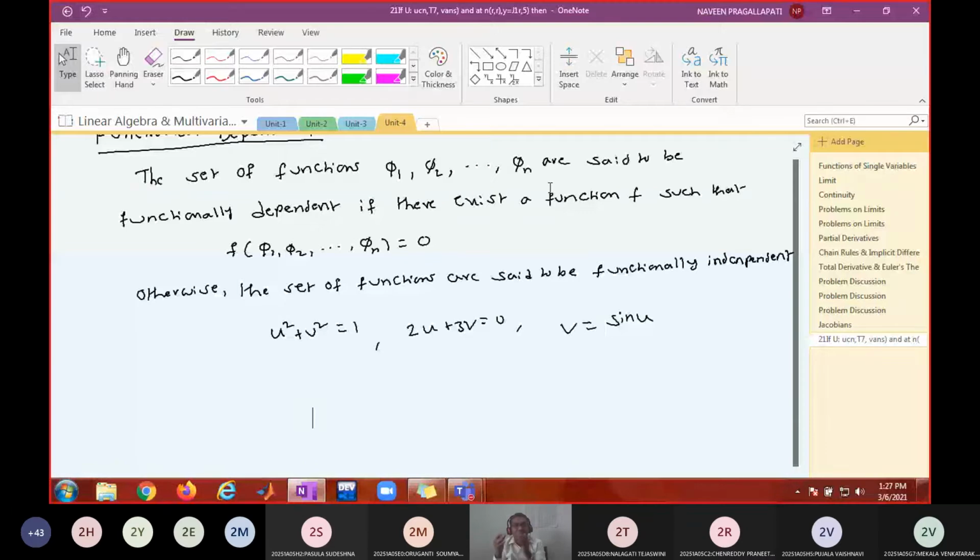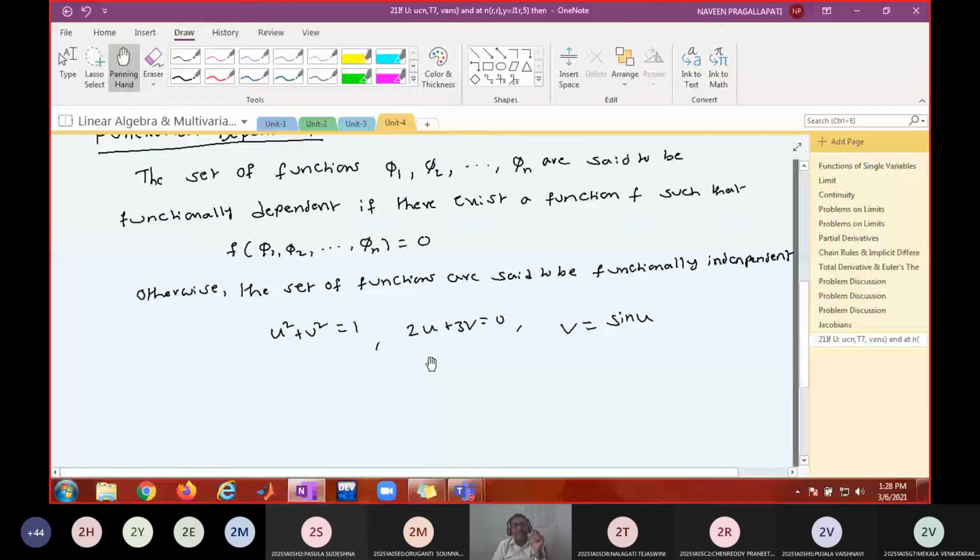Linear combination means what? C1 phi 1 plus C2 phi 2 plus and so on, Cn phi n, like that. That is called linear combination. But this is not necessarily a linear combination. It can be any relation. So linear dependency always implies functional dependency, but functional dependency does not necessarily imply linear dependency. Do you understand?